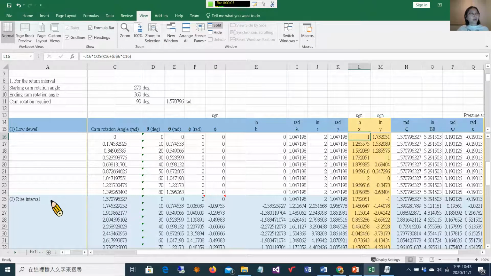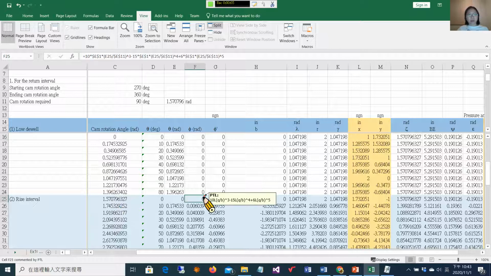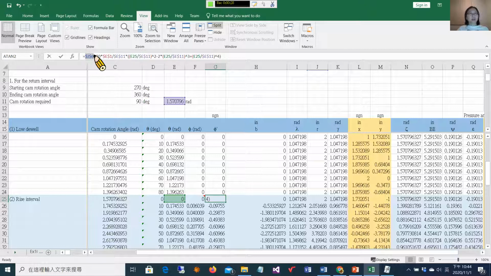Let us see the rise interval. We have the 3-4-5 polynomial like this, and its first derivative like this. Here, the first derivative needs to consider the variable SGN. Here we use an absolute reference, $J$6, to reference it.